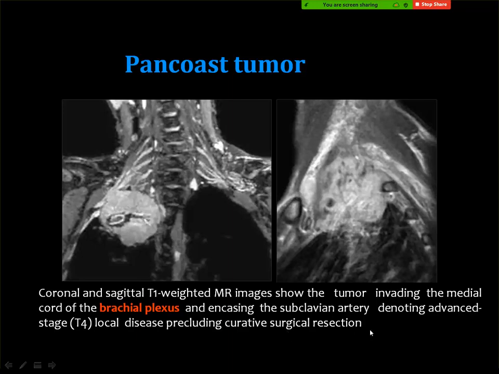This tumor can be operable or not operable. It is non-operable when it invades one of three: the brachial plexus nerve roots, the subclavian artery, or the subclavian vein. And these three structures cannot be evaluated by CT.